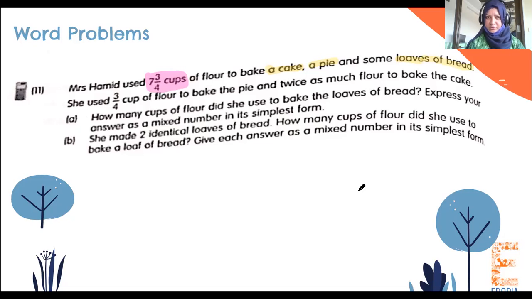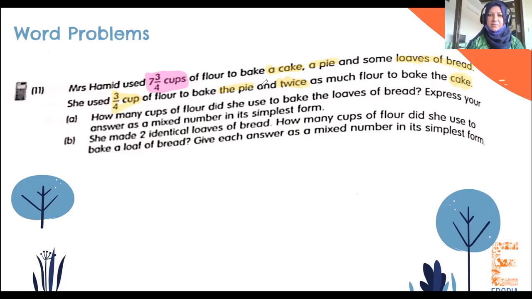Okay, so till here you know that 7 whole 3 by 4 cups were used to bake three things, a cake, a pie, and some loaves of bread. Then the question says, she used 3 by 4 cup of flour to bake the pie, and twice as much flour to bake the cake.